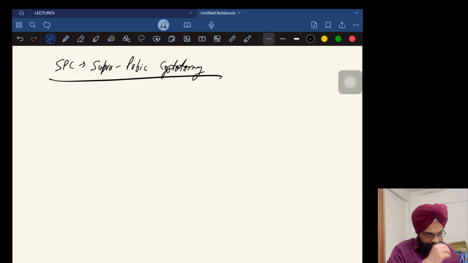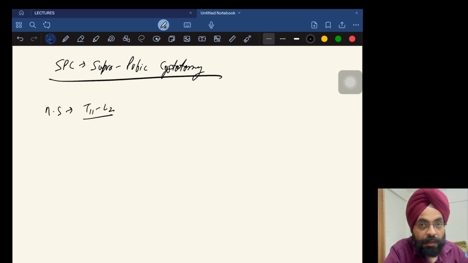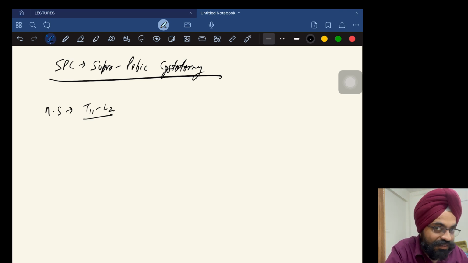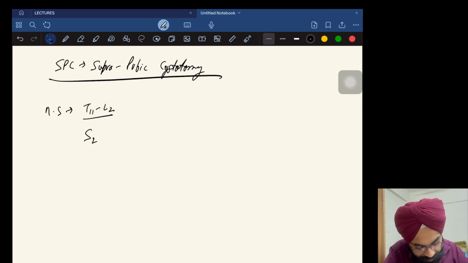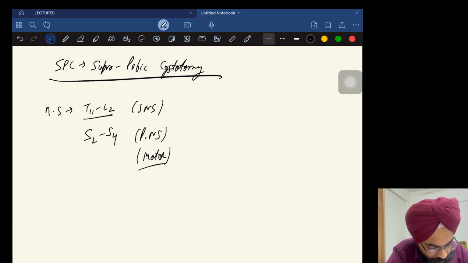Okay. So what is the nerve supply? The nerve supply of the bladder is T11 to L2, main nerve supply, but it has many more nerve supplies. Then it has S2 to S4. So this is the SNS supply and this is the PNS supply, as well as the motor supply, which you can call.